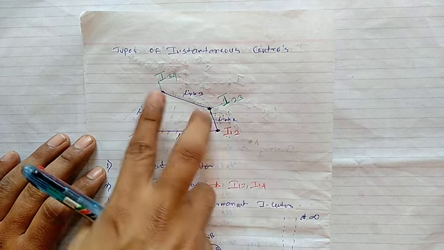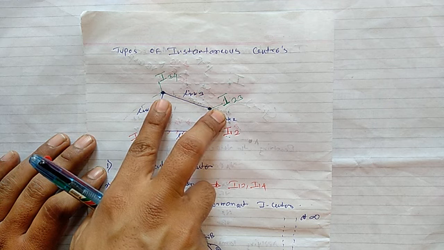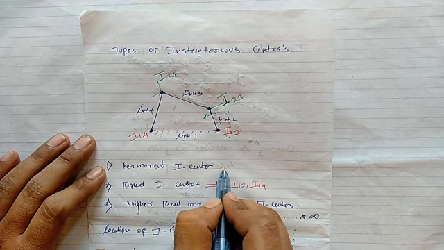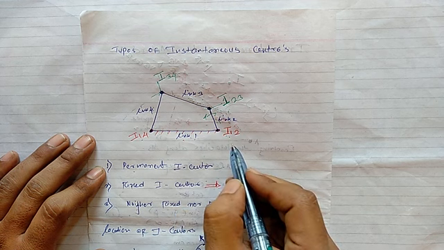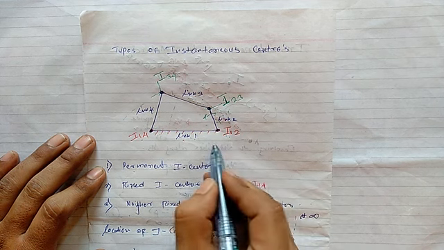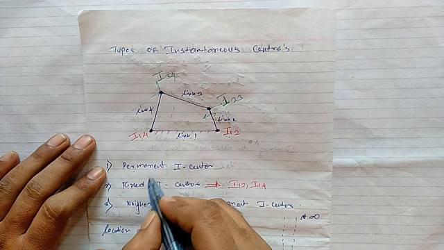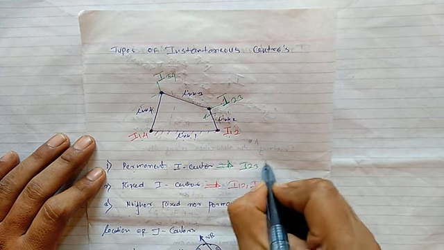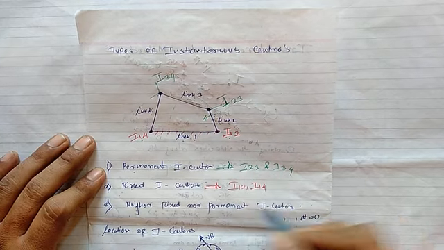That is why I 2 3 and I 3 4 are the permanent instantaneous centers. Okay, so we get the fixed instantaneous centers I 1 2 and I 1 4, and the permanent instantaneous centers I 2 3 and I 3 4.